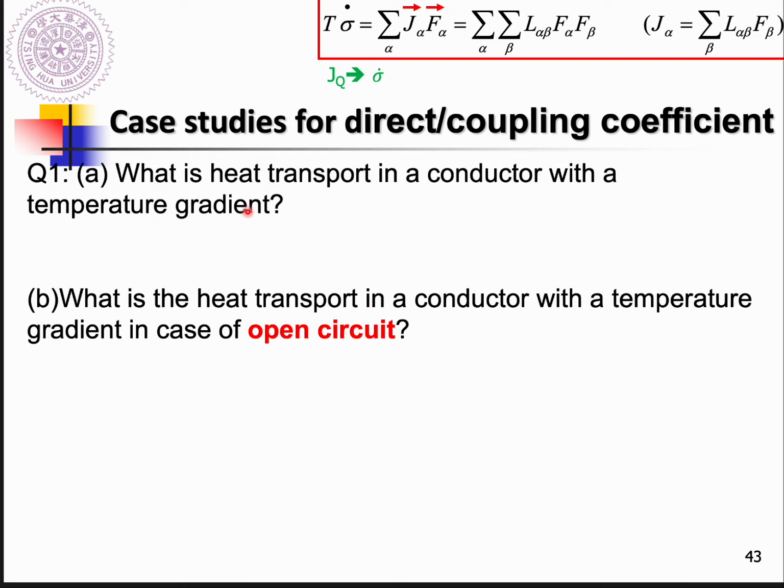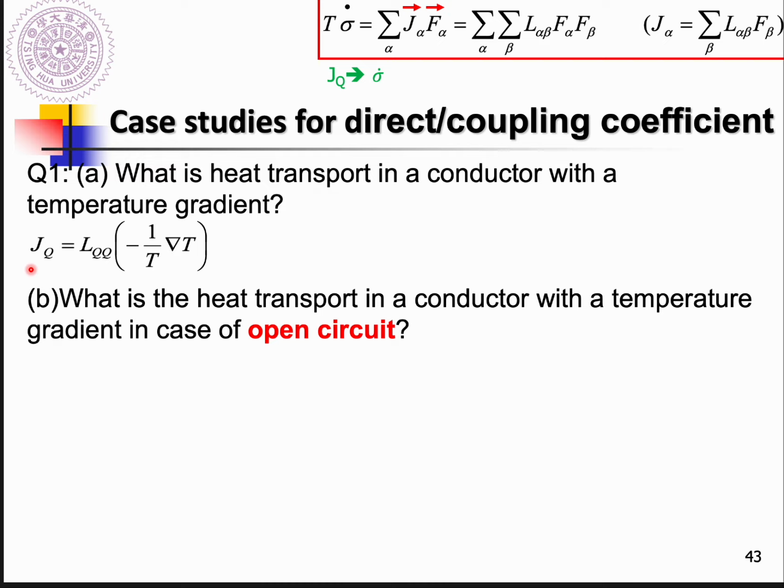How many driving forces are applied on this material? Just one, right? So based on flux and driving force, with only one driving force, I believe you can directly write down the heat flux: J_Q equals L_Q times the driving force, minus the temperature gradient divided by T, because there is only one driving force. So we can directly write this down, right?